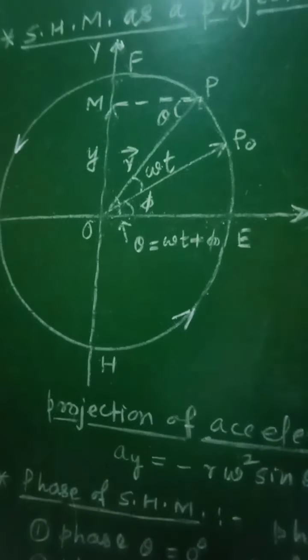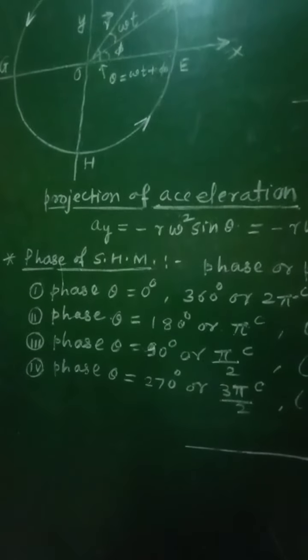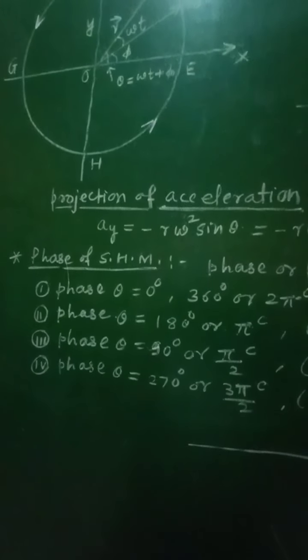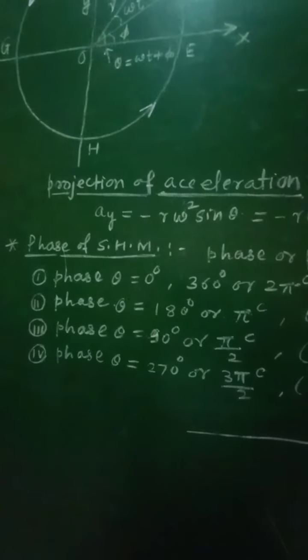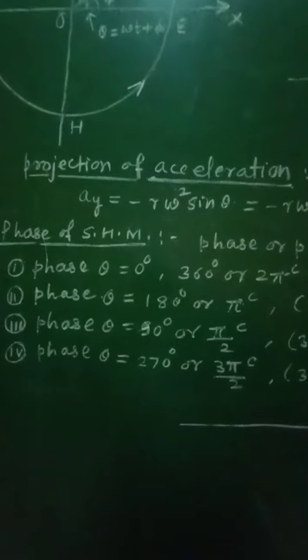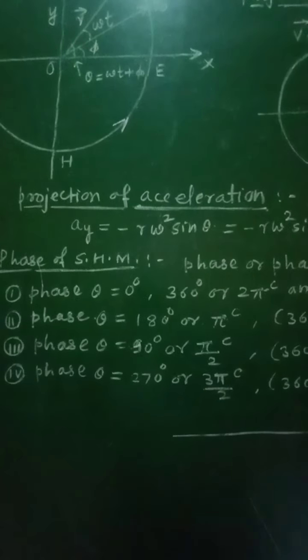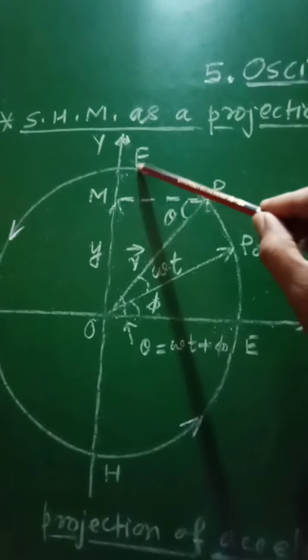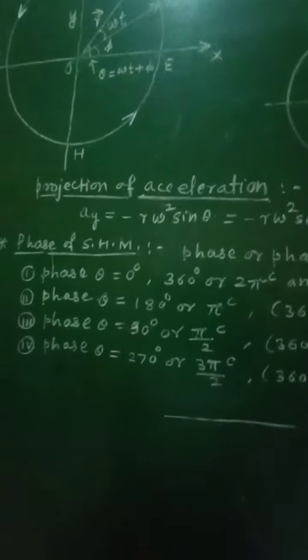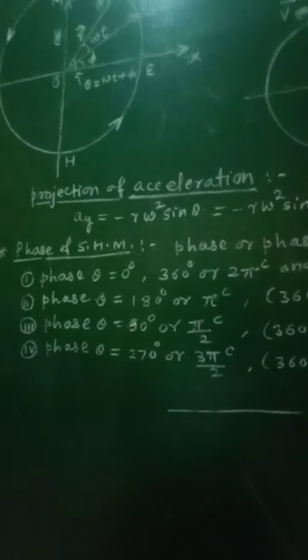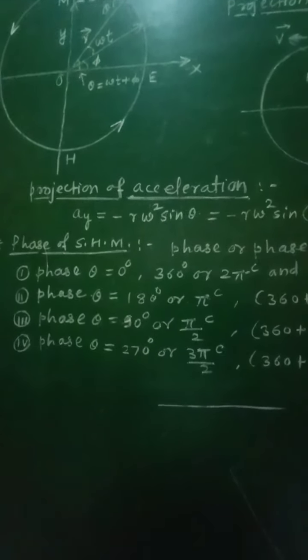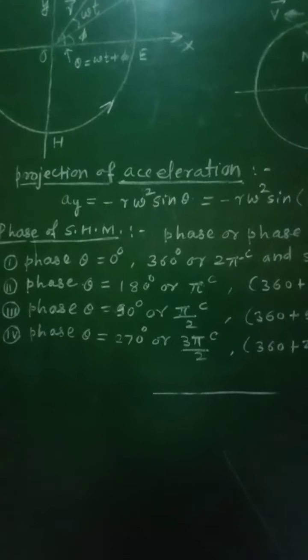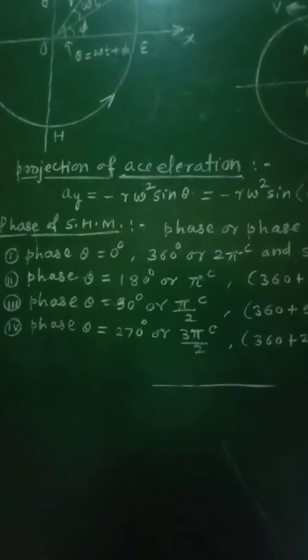Therefore in the third case, when phase theta is equal to 90 degree or pi by 2 radian, it will represent that the particle is at the positive extreme position during the first oscillation. The similar state for the second oscillation will be 360 plus 90 degree or 2 pi plus pi by 2, and so on.